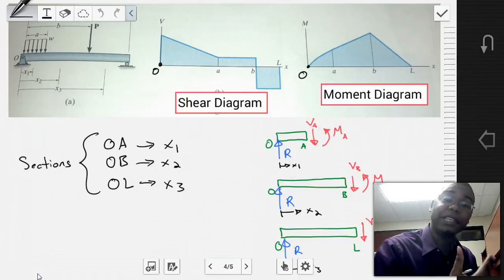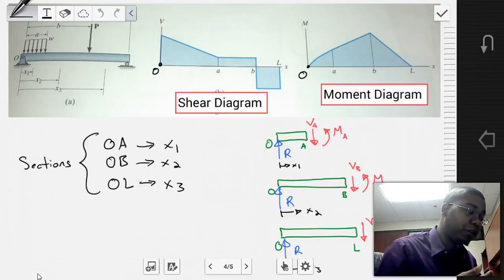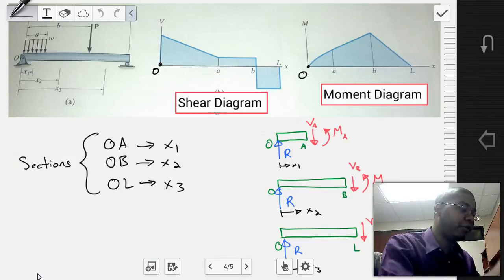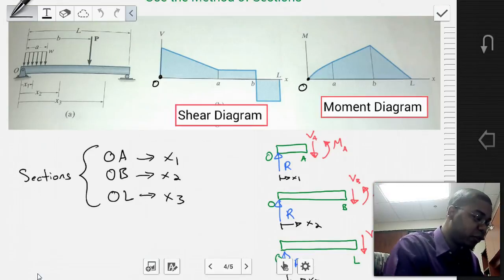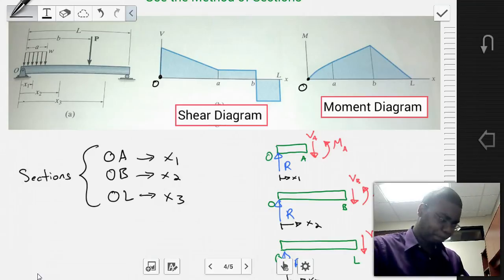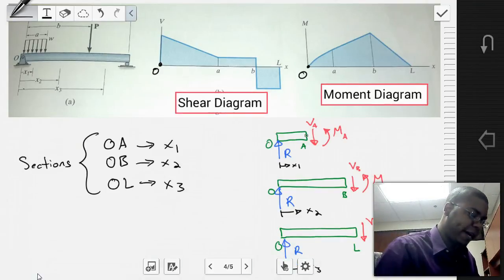We want to use a placeholder term that we can use to describe the slope of the shear diagram or the slope of the moment diagram, right? So in this case, we'll use X1 for O to A, X2 for OB, and X3 for OL, where X1 is somewhere in between O and A, X2 is in between O and B, and X3 is in between O and the length L, right? We draw free body diagrams.